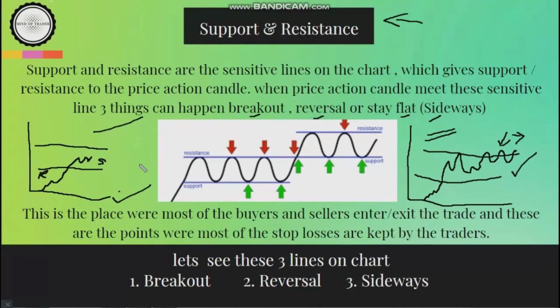So the concept is very clear. When the candle is below the sensitive line, it is giving resistance, and when the price action candle is above the sensitive line, it is giving support to the price action candle. I hope this concept is clear now.